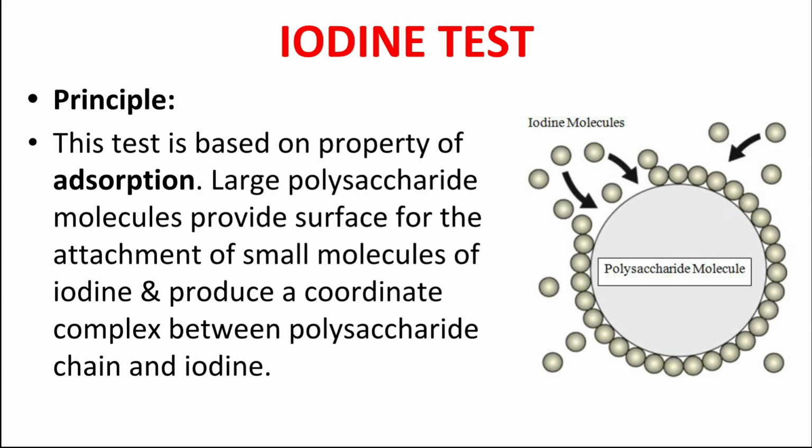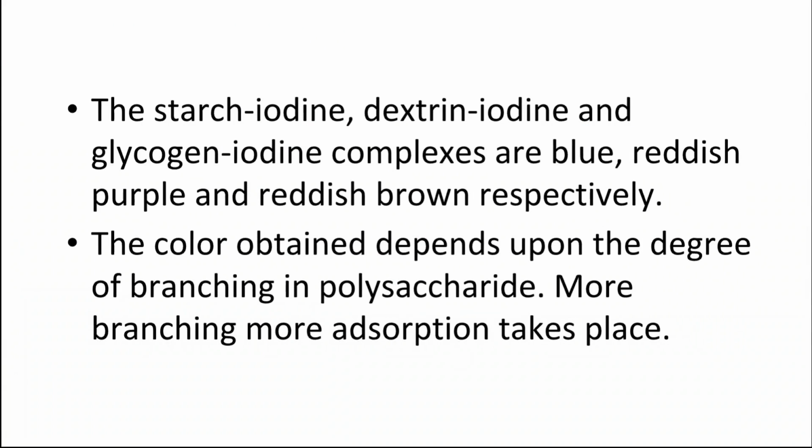Starch iodine, dextrin iodine and glycogen iodine are different color complexes: blue, reddish purple or reddish brown. The color you see depends on the degree of branching of the polysaccharide. The more the branching, the more the adsorption will take place.